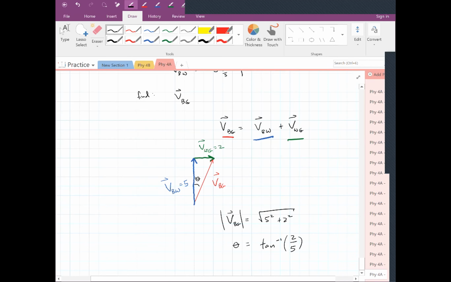And so we're done with this problem, right? We can figure out the speed, the magnitude of the velocity, and we can figure out the angle.